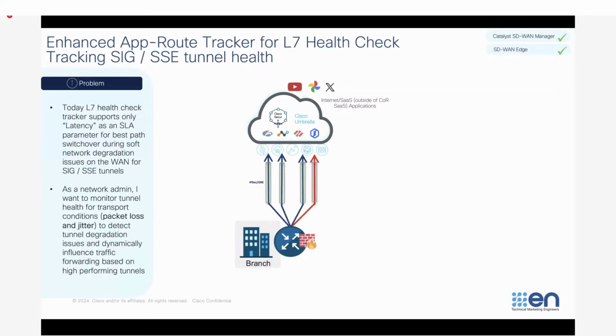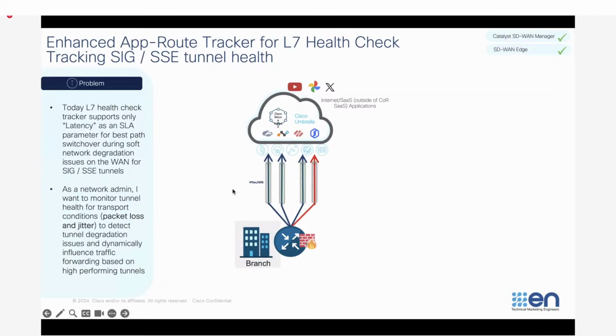If you go back to prior to 20.14 or 17.14, I believe on 20.6, we started supporting layer 7 health check. And we were supporting layer 7 health check to monitor the SIG endpoints on these providers. We were able to send HTTP probes and measure the latency, and then we provide the best performing tunnel.